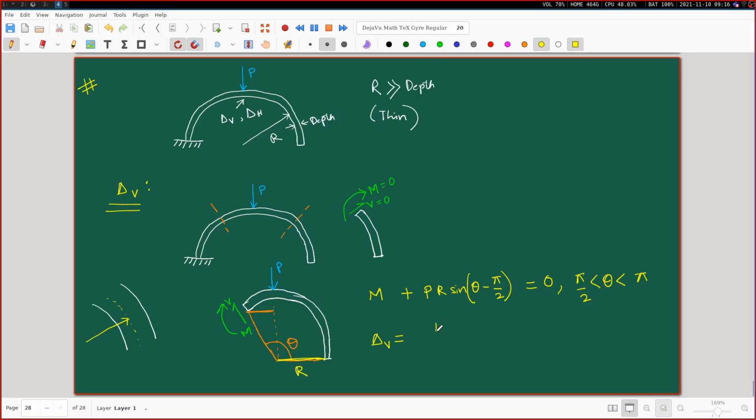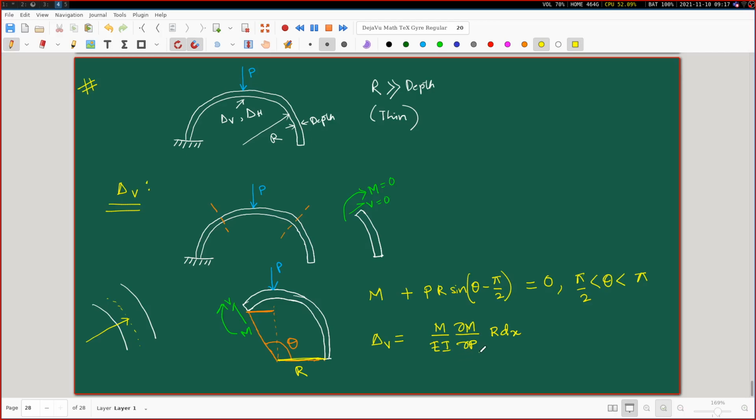So let me first write down this m by EI thing, the integrand, and then I will write the integration with the proper limits. So with respect to here, earlier it was dx, now what will it be? Sir, r d theta. So dx is the elemental line segment that we are considering.